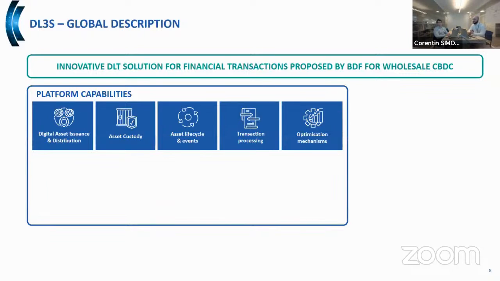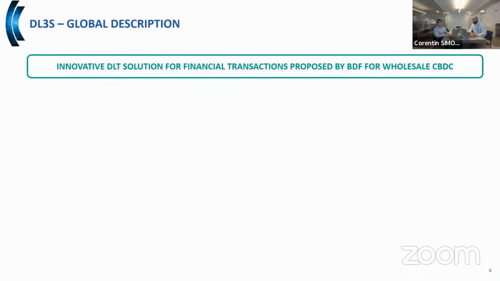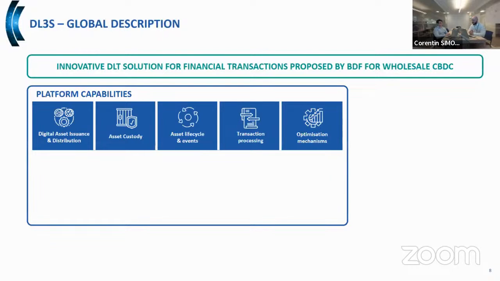We also have asset custody, where assets live on the blockchain platform and are held by custodians that ensure the proper accessibility and security around the digital assets. All the life cycle and events about those digital assets are handled on the platform, obviously.